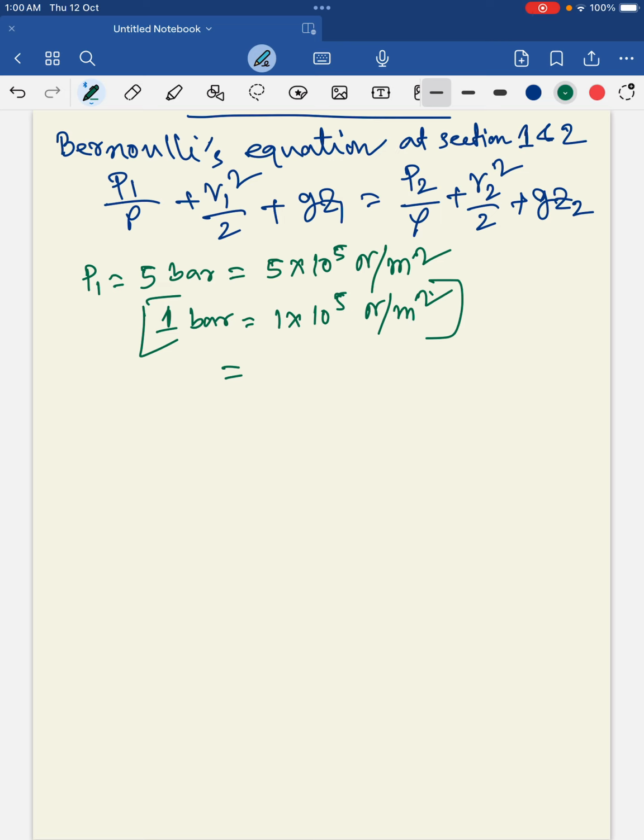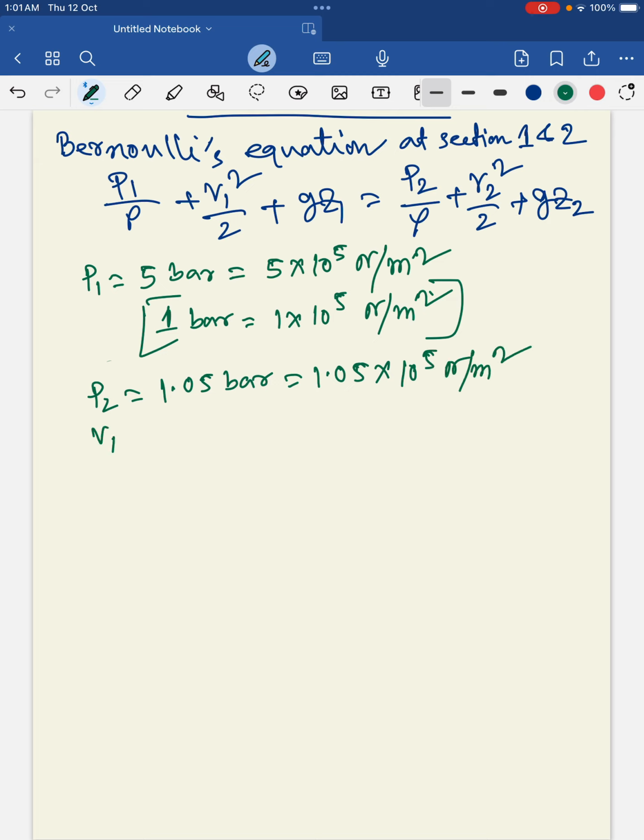Now what will be the P2? P2 is given. P2 is how much? 1.05 bar. So that is 1.05 into 10 to the power 5 Newton per meter square.